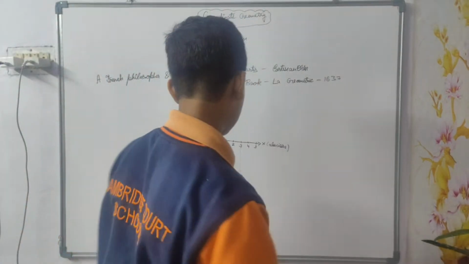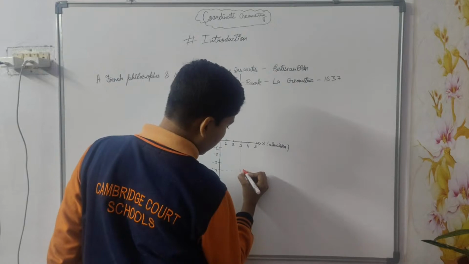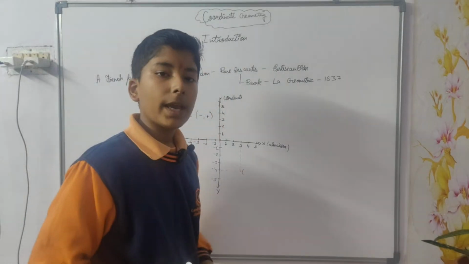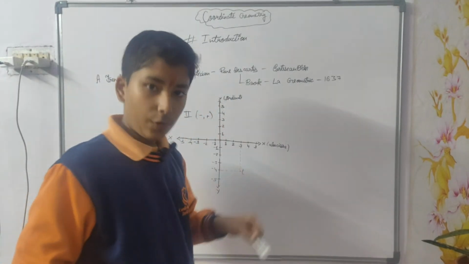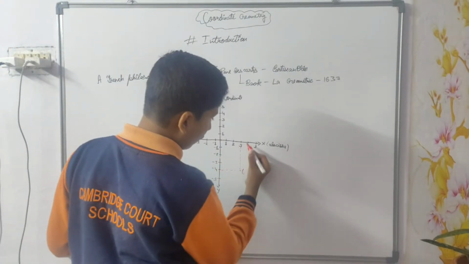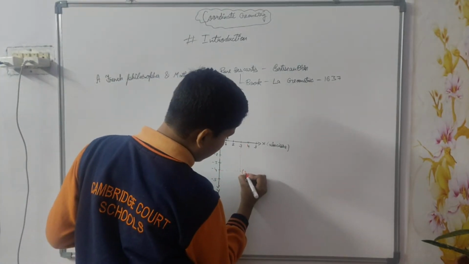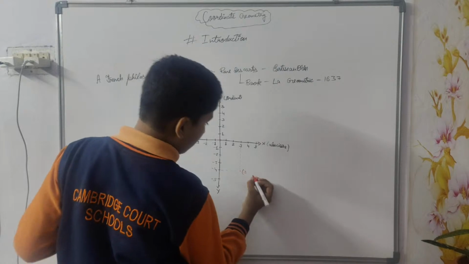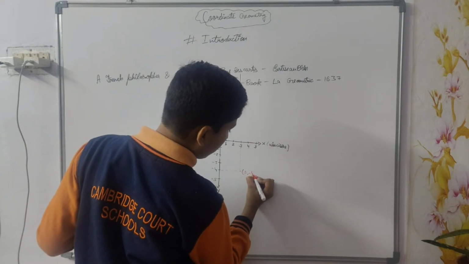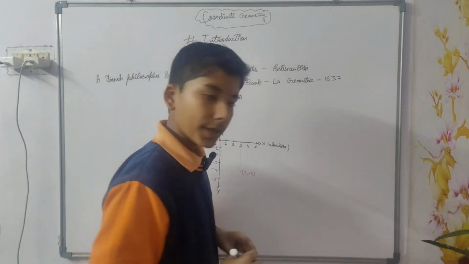Okay, if you have guessed the answer, we know that firstly x is written, then y is written. So firstly x, meaning 3, and then y, meaning -4. Okay.